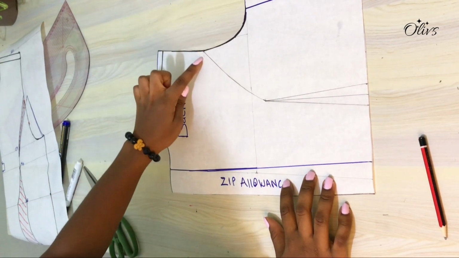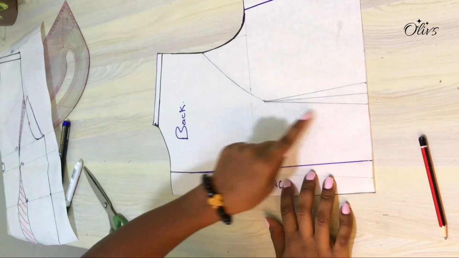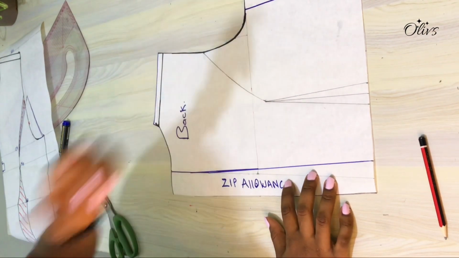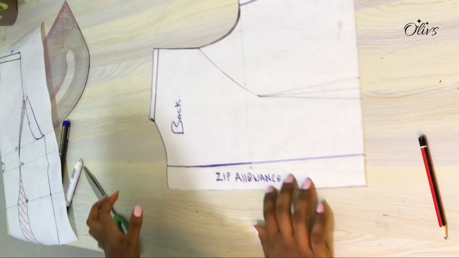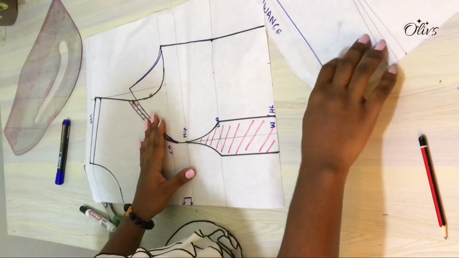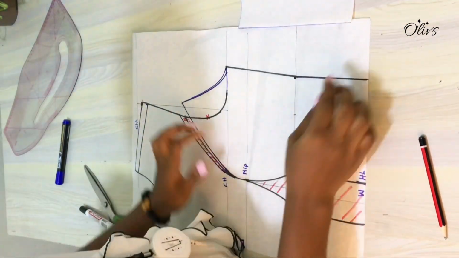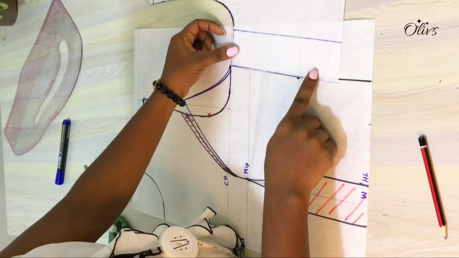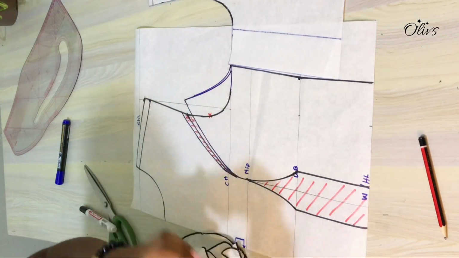Okay, and whilst cutting with the fabric, you need to add half an inch round to be able to join them together. So the side front and the side back obviously are not the same, as you can see, because of the length.